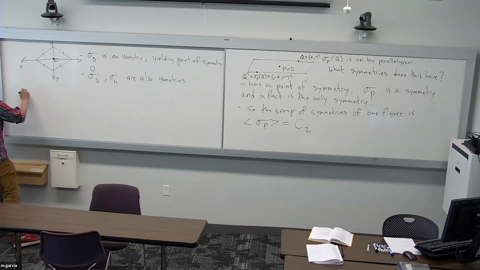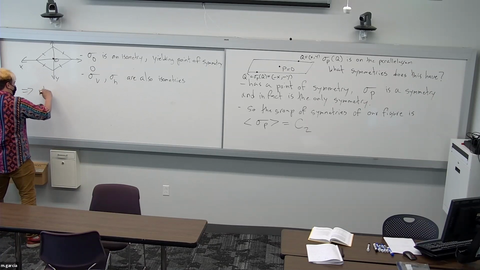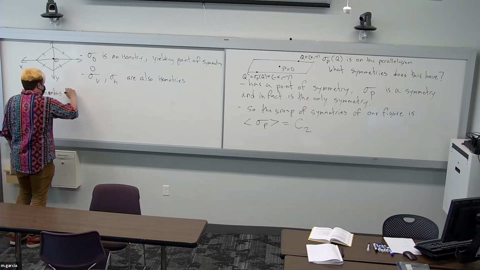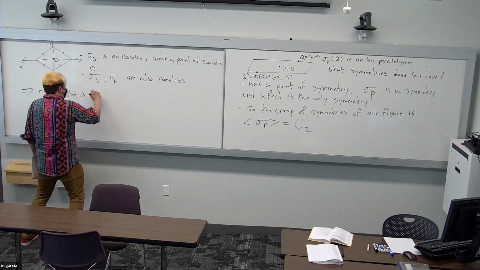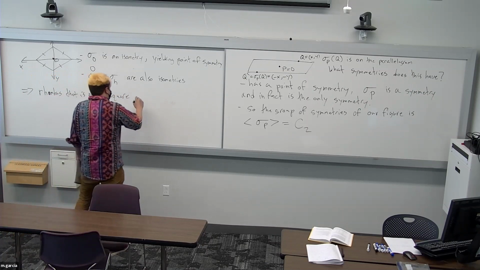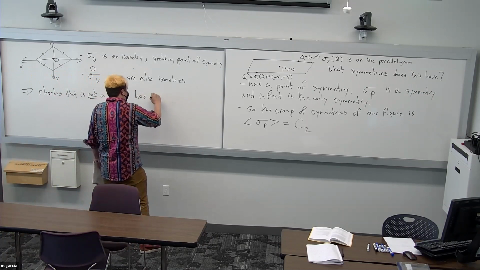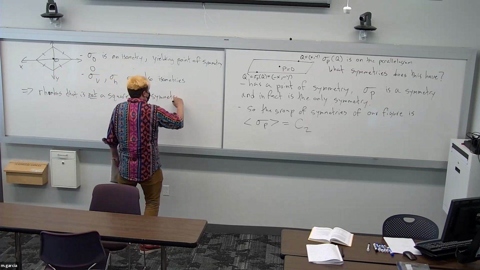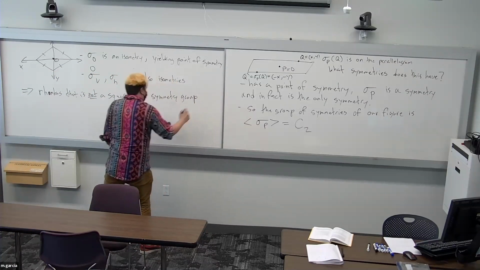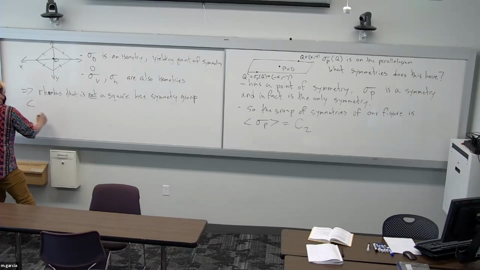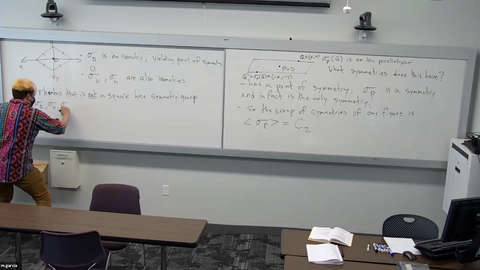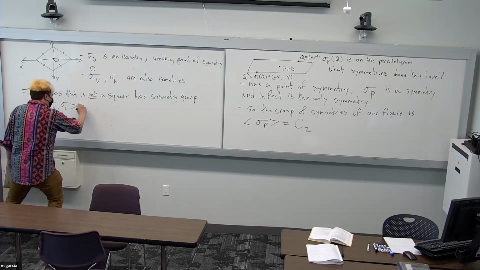So a rhombus that is not a square has symmetry group, well, why don't I just write it out just so we hopefully get a little more comfortable with this notation.